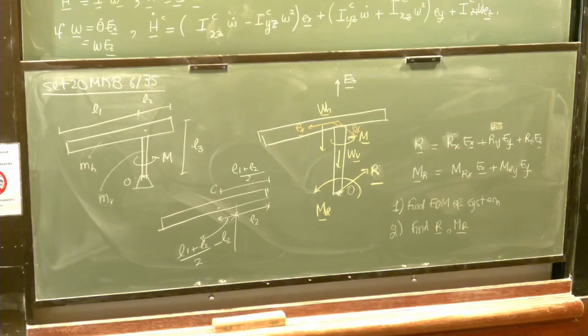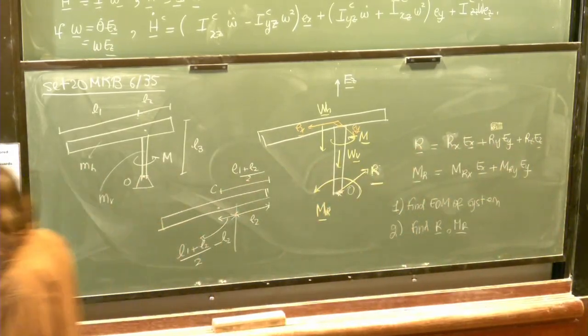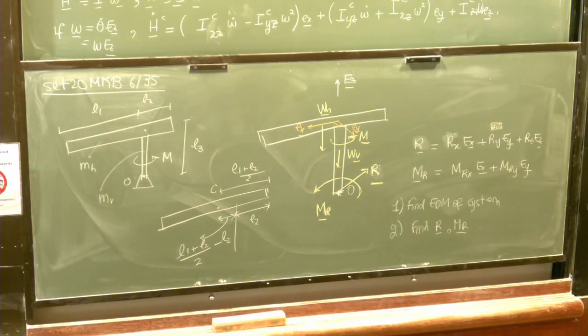Sum of moments about O is... There's this one, and assume they got the other two directions. Through calculation, the other parts should cancel out.